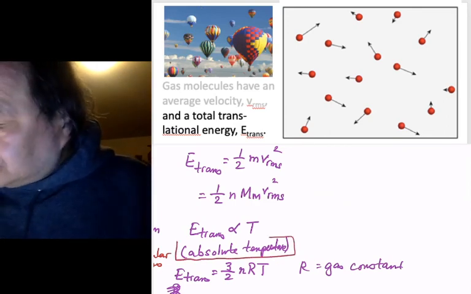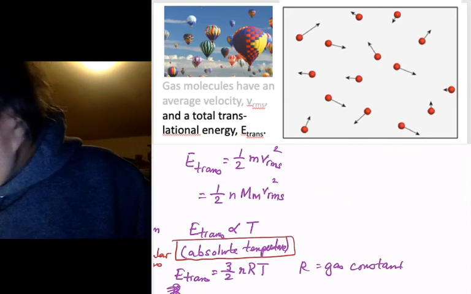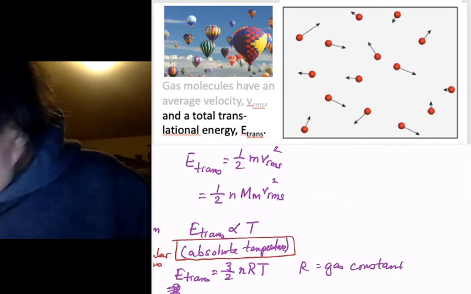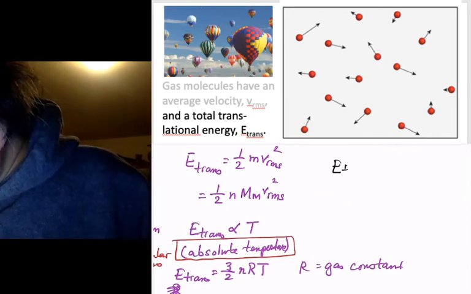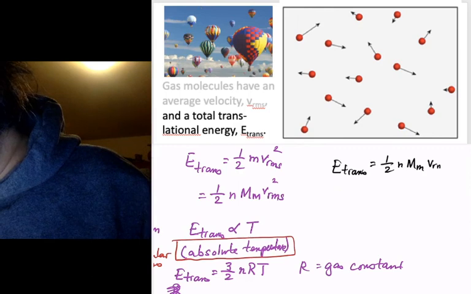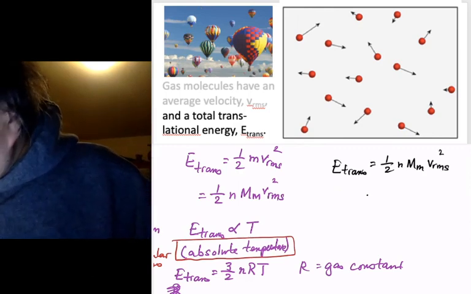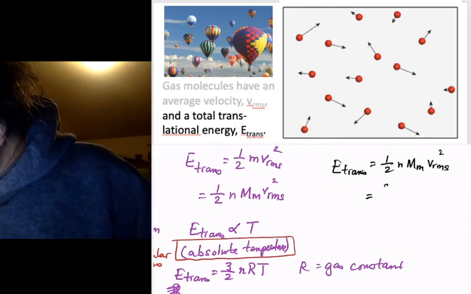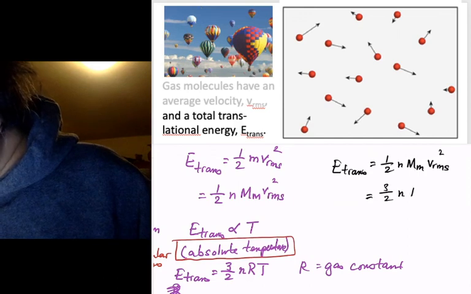So the two relationships we have are E-trans equals 1/2 n mm V-RMS squared, and E-trans is equal to 3/2 nRT.